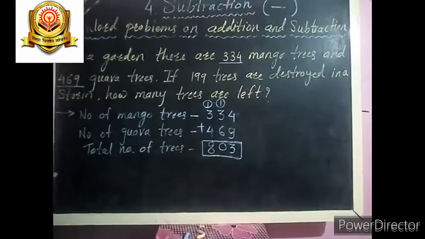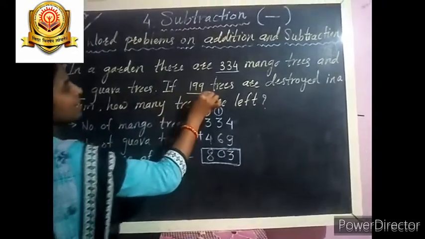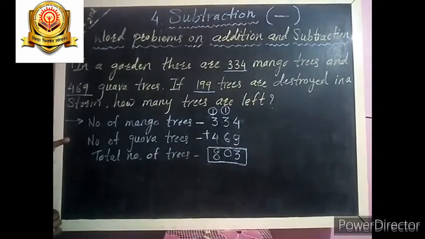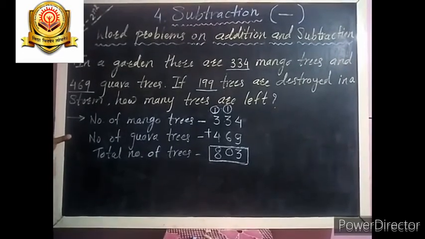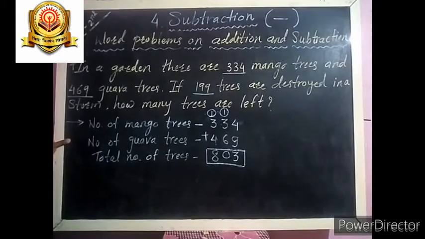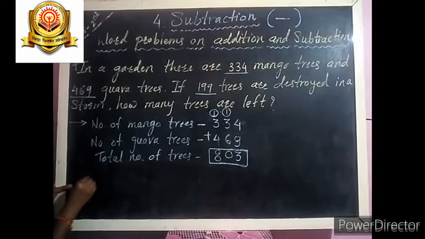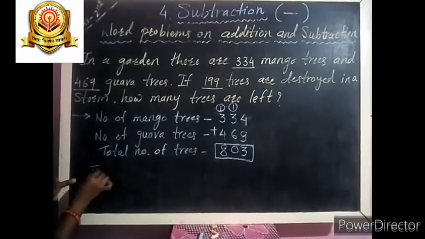Now, how many trees are destroyed? 199 trees are destroyed. So students, we need to do subtraction. Means subtract destroyed trees from the total number of trees. So write here total number of trees, and then we have to do subtraction.